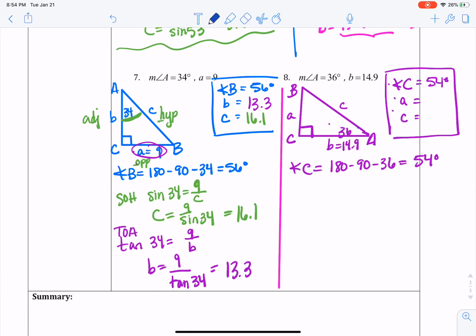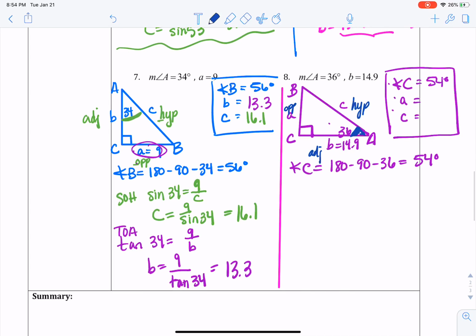So here's my angle. For this angle, this is adjacent, hypotenuse, and opposite. So opposite over adjacent, that's the tangent. So TOA, the tangent of 36 is A over adjacent, which is 14.9.